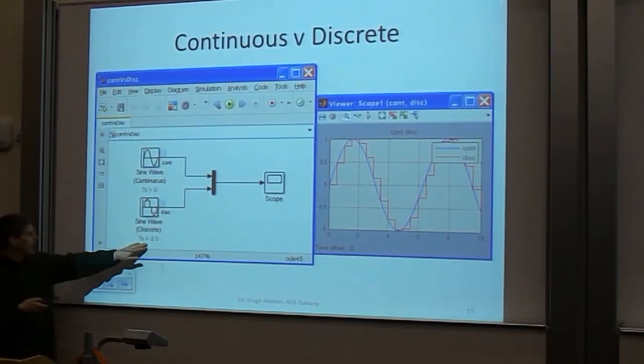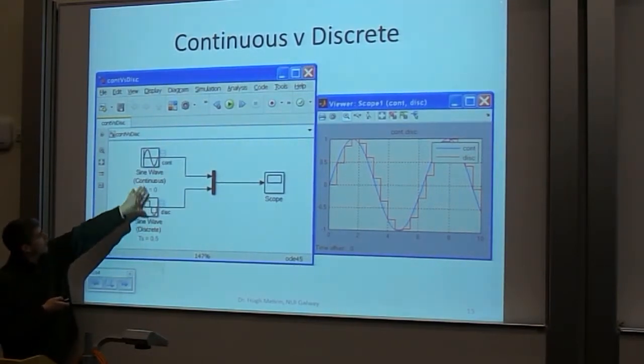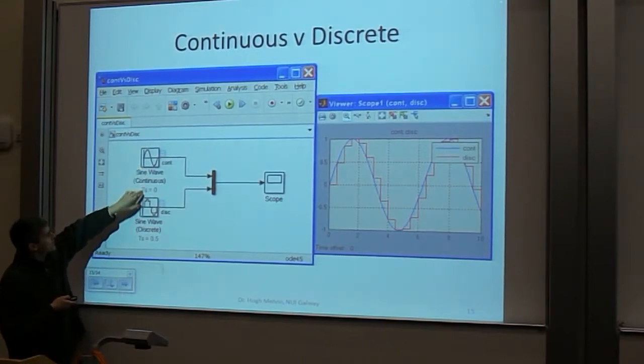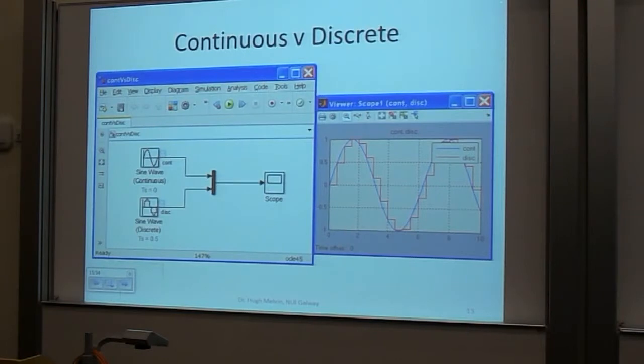And here I'm setting the sample time of 0.5. So your step size is 0.5 for that block. And here, because it's a continuous system, the sample time is set to 0. So in other words, it's variable. And you can see it here in the output, that the red one here, the discrete one, is jumping up in blocks.